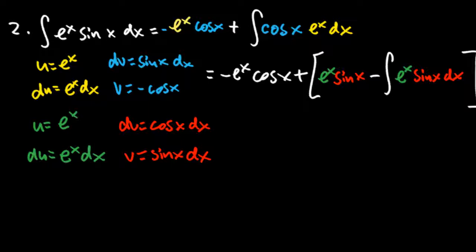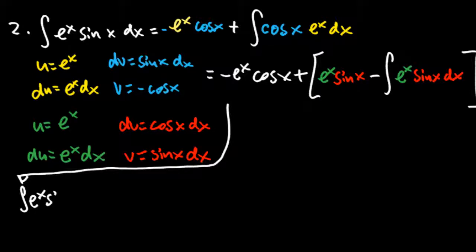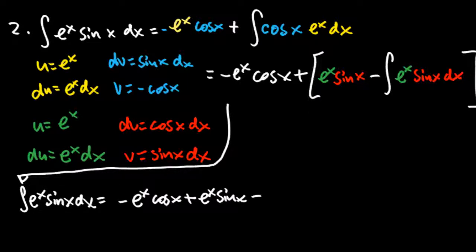Alright, so cleaning that up, I'm just going to clean it up down here and write the integral of e to the x sine of x dx equals negative e to the x cosine of x plus e to the x sine of x minus the integral of e to the x sine of x dx.